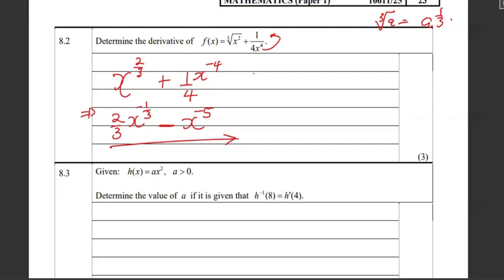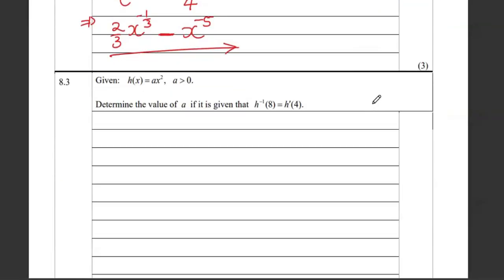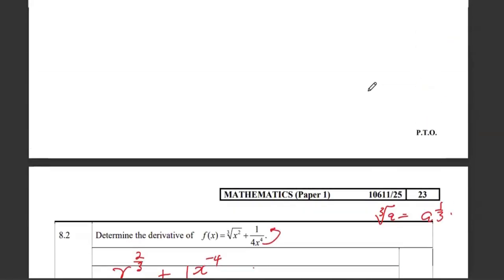Okay, 8.3. Given h of x is ax squared, whereby a must be greater than 0, determine the value of a if it's given that the h negative 1, which is the inverse, and then h prime, the derivative, that the two are going to be the same.